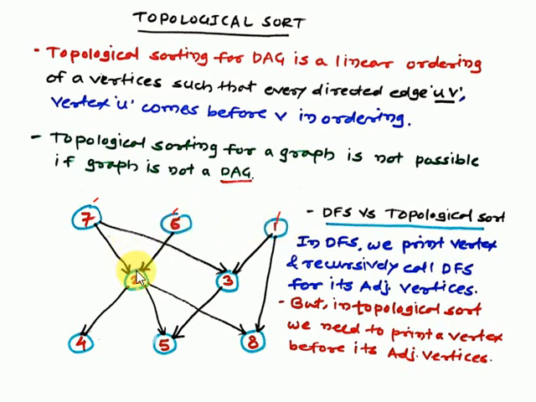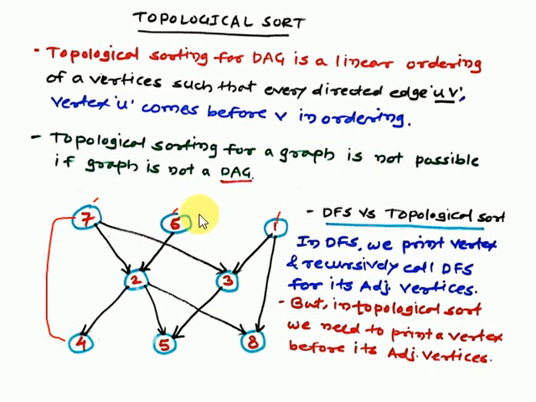Then we go for the next ones. The adjacent of 7 is 2, so we'll visit 2, and we'll visit 3. Then from 2 I can reach 4, so I'll visit 4, and I'll visit 5. That way we are visiting the vertices in an ordered manner. That is the main difference between DFS and the topological sorting algorithm.